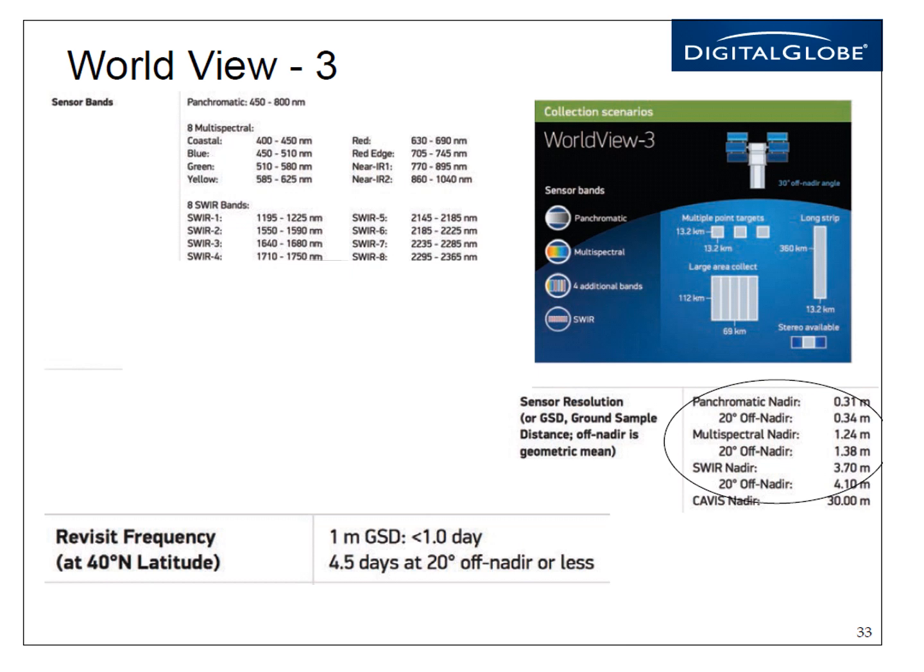WorldView 3 is even more interesting because it adds in 8 shortwave infrared bands. So it's got a panchromatic nadir band at 31 centimeters, a multispectral at 4 times that, or 1.24, and then it's got a shortwave infrared nadir at 3.7 meters. So I guess that's, yeah, about 3 times the multispectral pixel size.